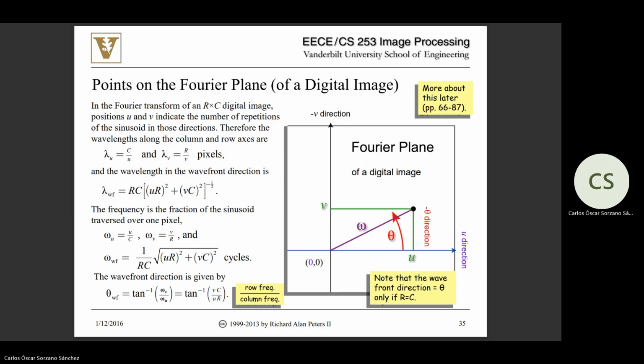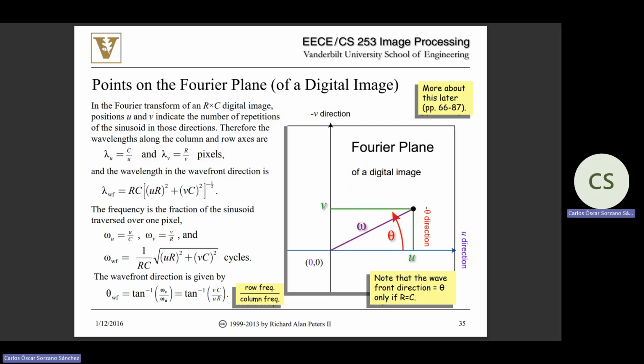But now let's think a little bit more about frequencies and wavelengths. We had a frequency vector. This frequency vector has some angle and some modulus. But I could also define two associated frequencies, omega x and omega y.